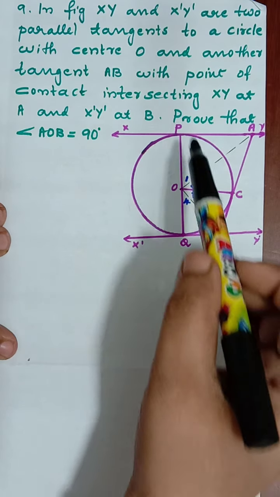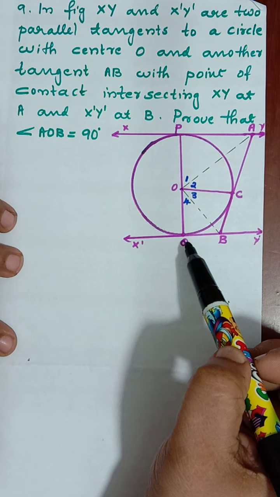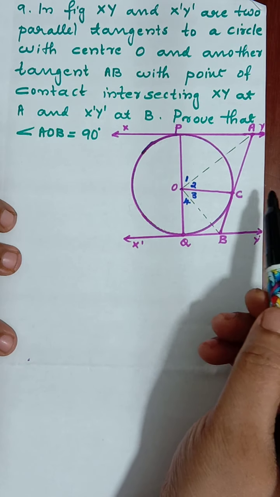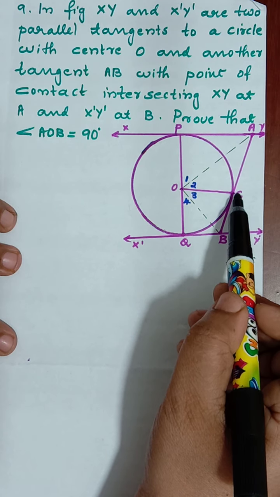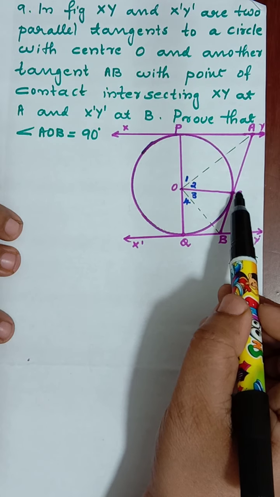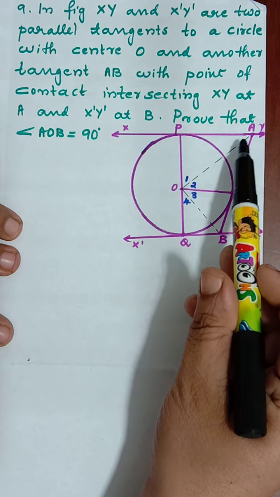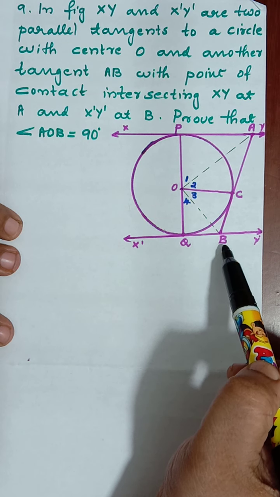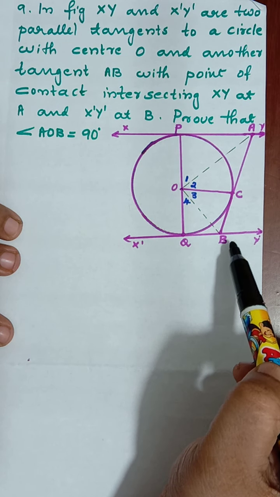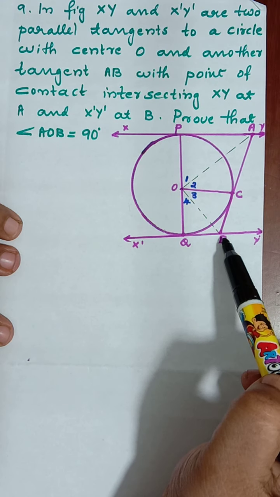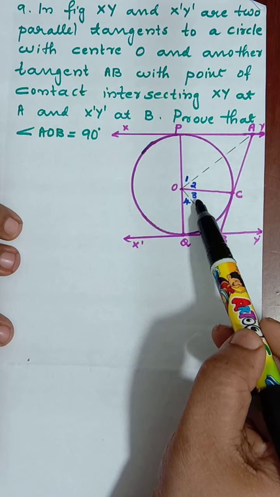Now we are joining this diameter. PQ is the diameter. OC also we have joined. In some questions they do not join OC. You can join it. OC is joined. As a construction I am joining OA as well as OB. Our idea is to find angle AOB equal to 90. Here I have marked angles 1, 2, 3, 4.